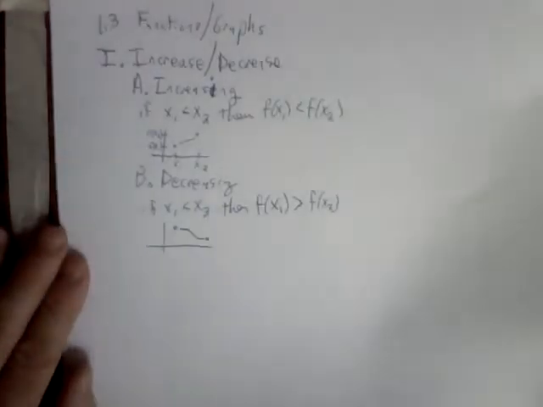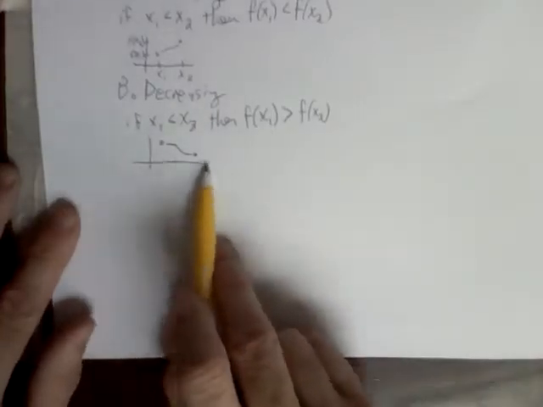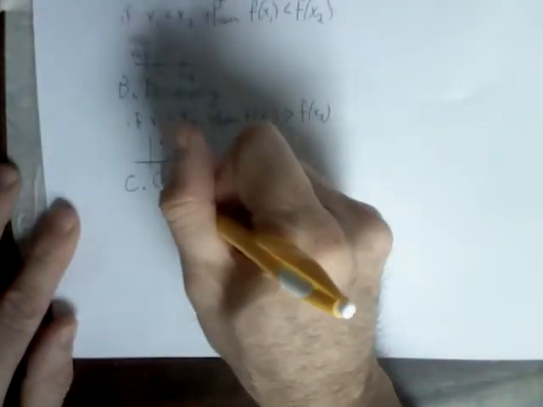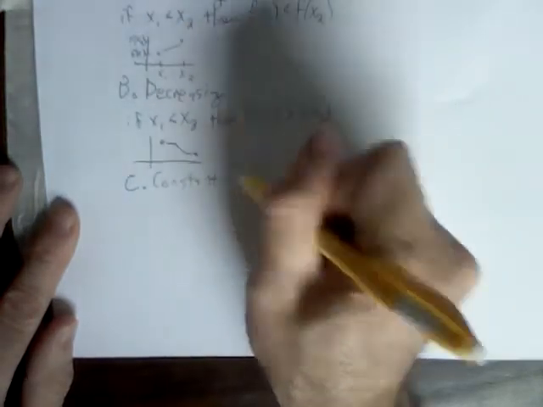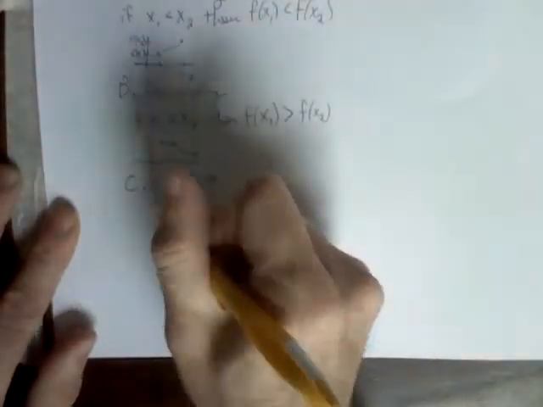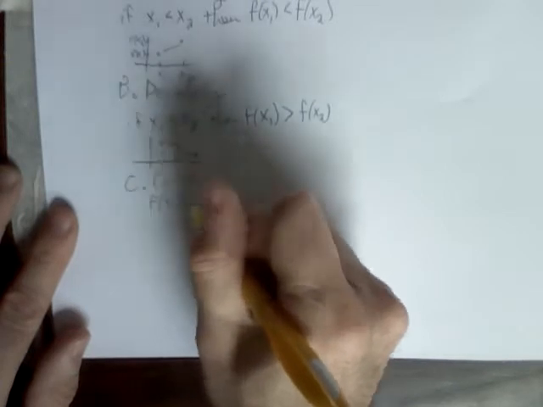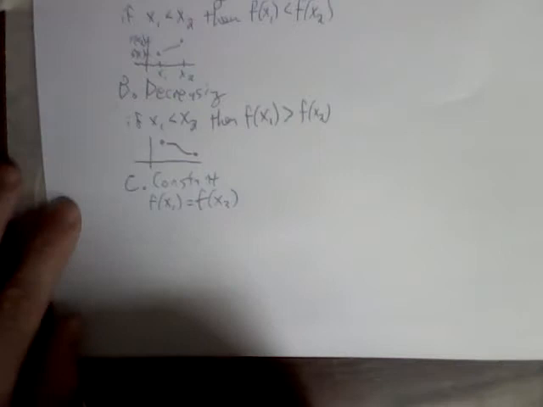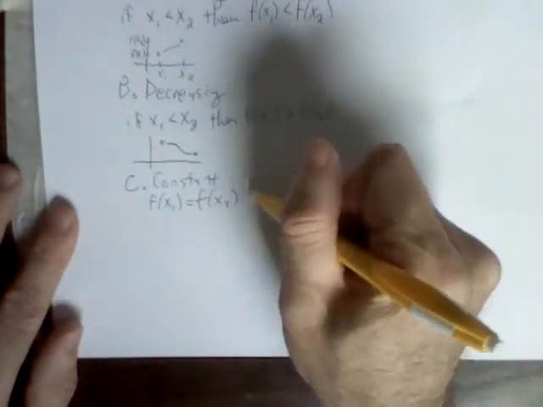And of course that's not it. You can also have functions that stay the same throughout. And we're going to call those constant functions. Right? So in those cases, f of x1 will actually just equal f of x2 for all x1, x2 in some interval.